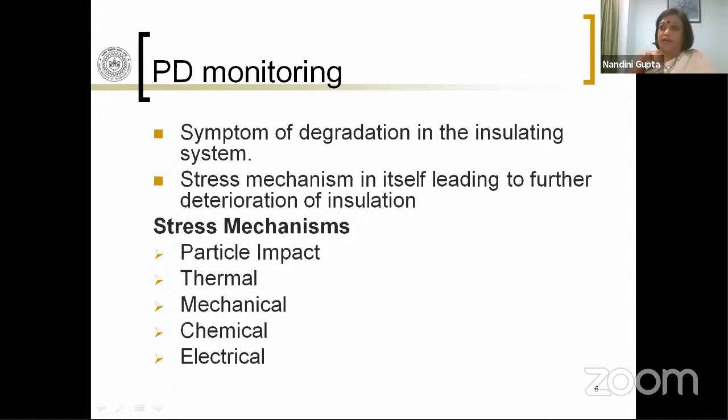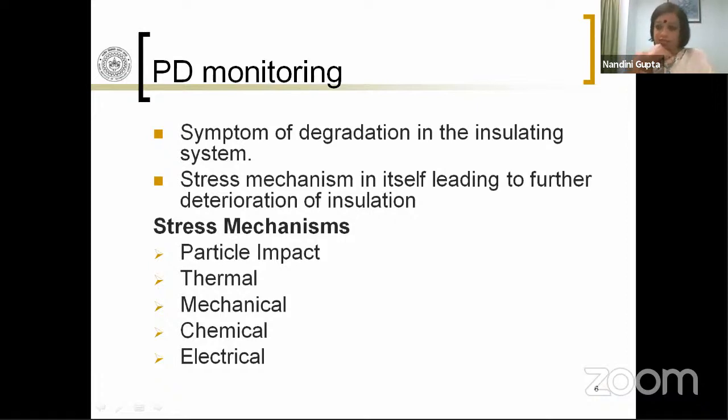You're also aware that in the current scenario, we are concerned with condition monitoring of insulation because we are working in a competitive environment. Reliability is important, and we cannot really wait for things to fail before we take corrective action.